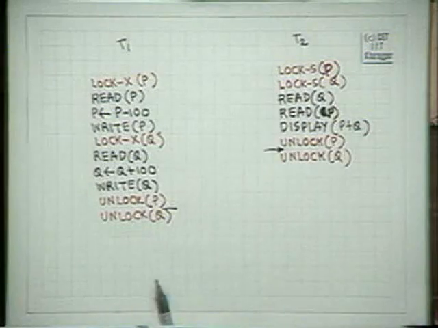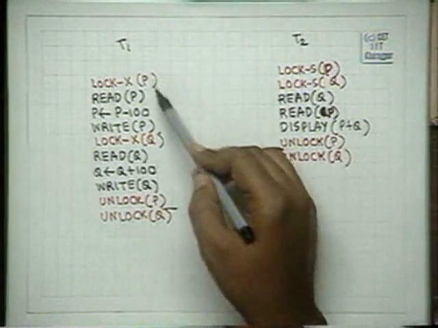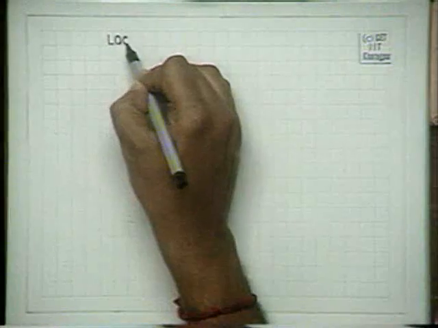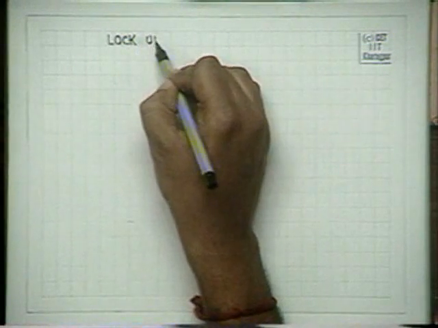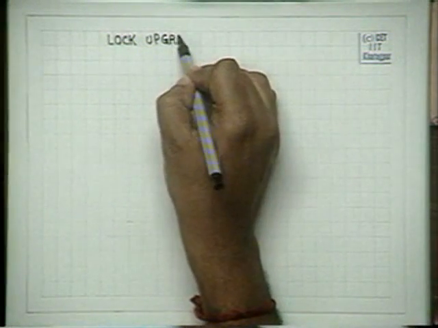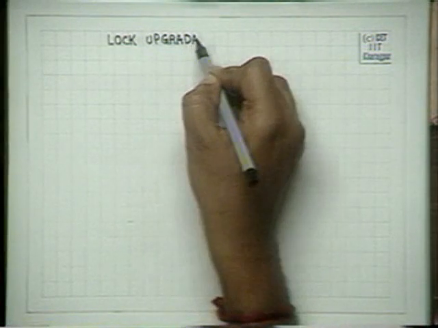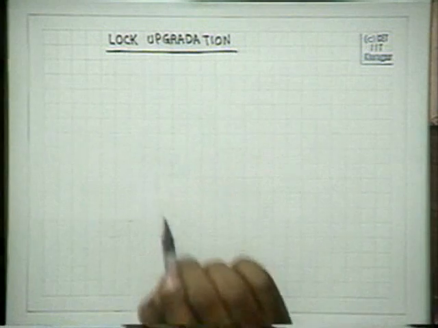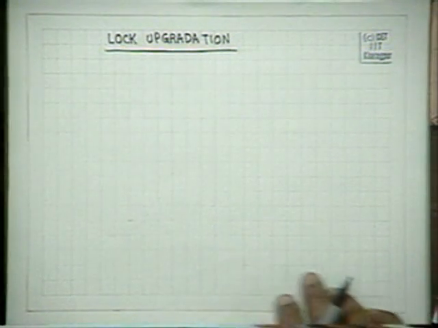We will first look at enhancing the concurrency aspect. For that, what we do is what is called lock upgradation. We introduce some more functions.